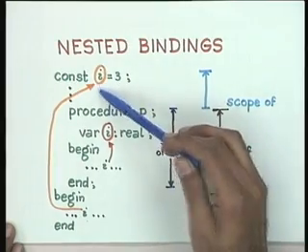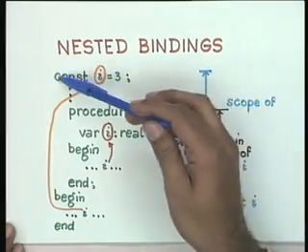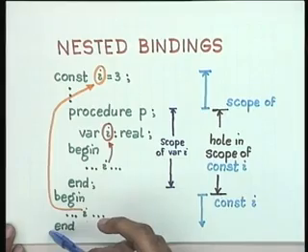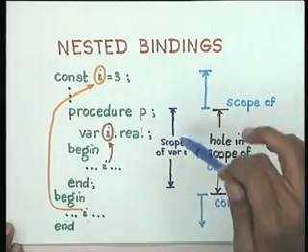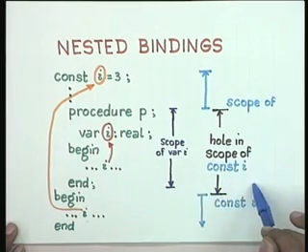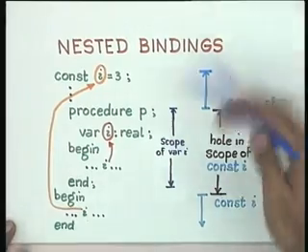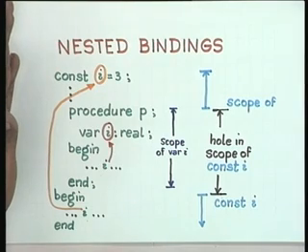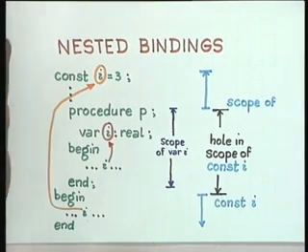The scope of this constant I extends through this entire fragment, provided there is no other declaration of I in an inner scope, and any other declaration of I is a hole in the scope of the constant I. So a scope just gives you an extent in the program text, in the case of what are known as statically scoped languages, over which a binding occurrence applies, right.